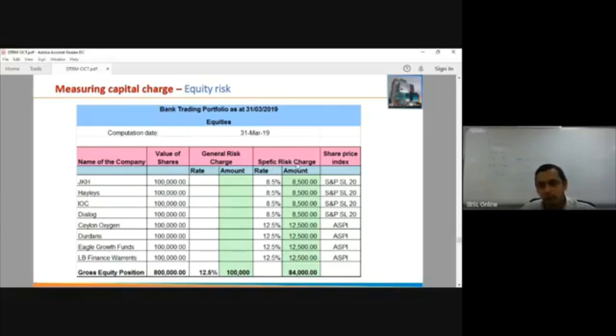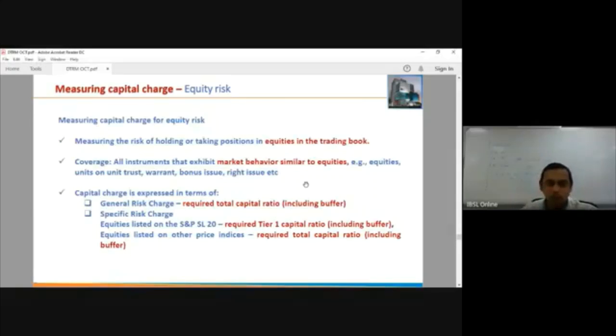In order to get the specific risk charge, first we need to identify what the price index is. John Keells is listed in the S&P, and similarly in this example, some companies are listed in the S&P and some companies are in the All Share Price Index. If it's an S&P index, then you need to multiply by your required tier 1 capital ratio, including buffers.